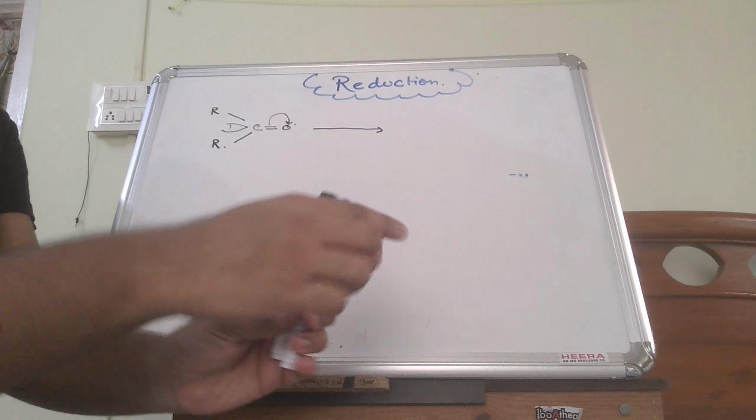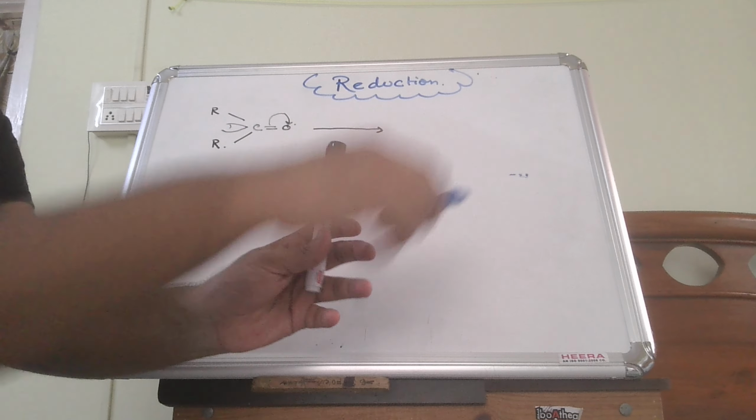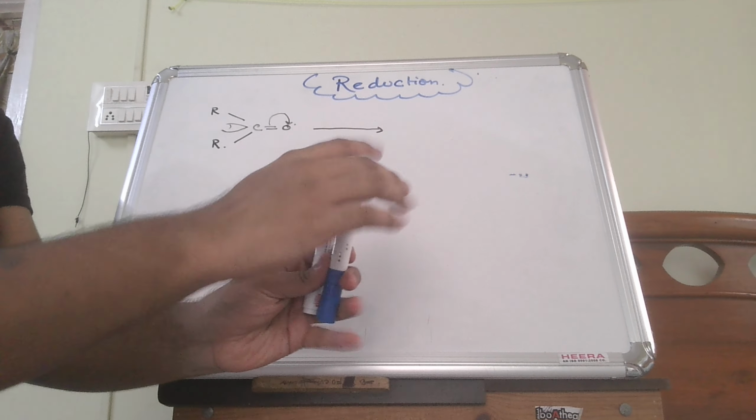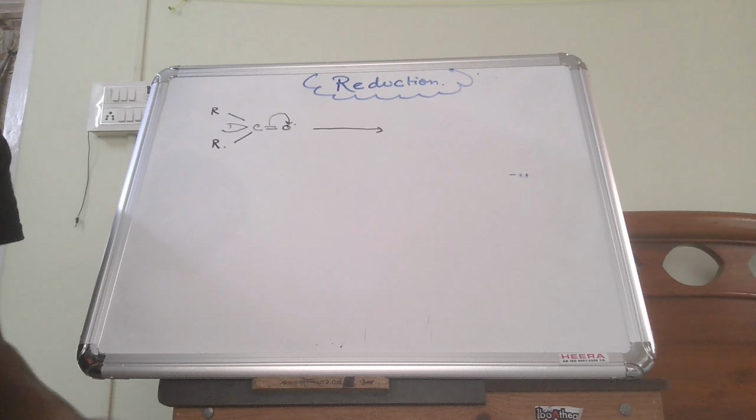The electron pair goes onto the oxygen. I hope that it's clear.